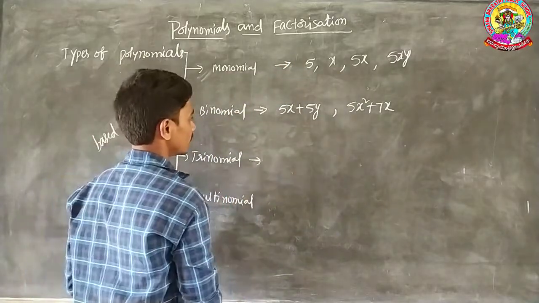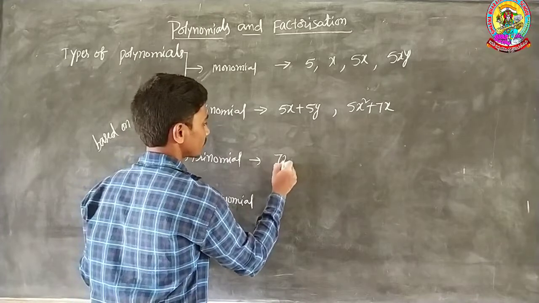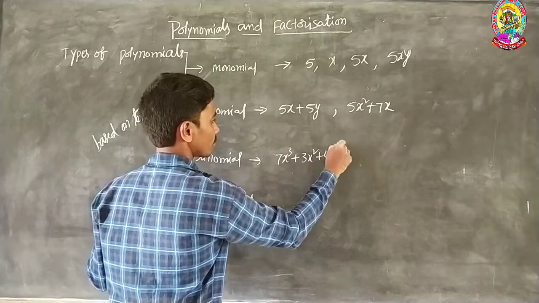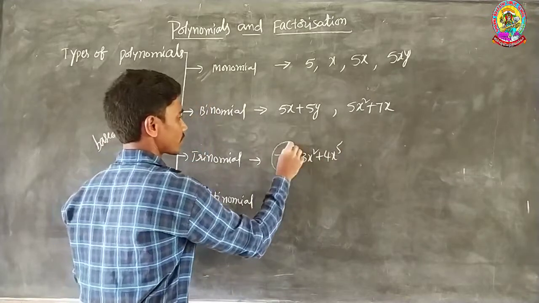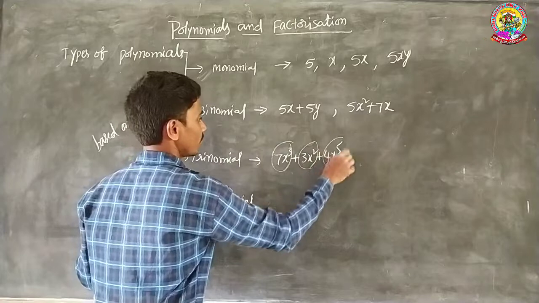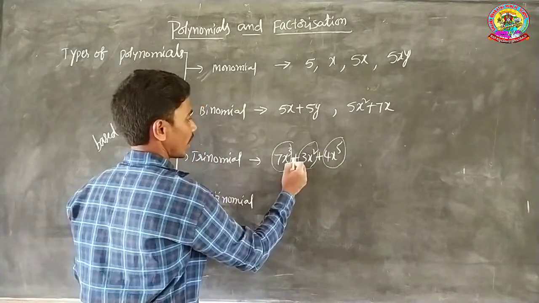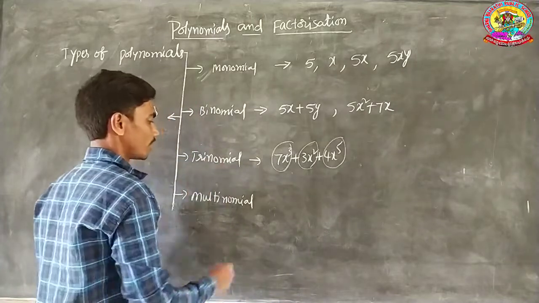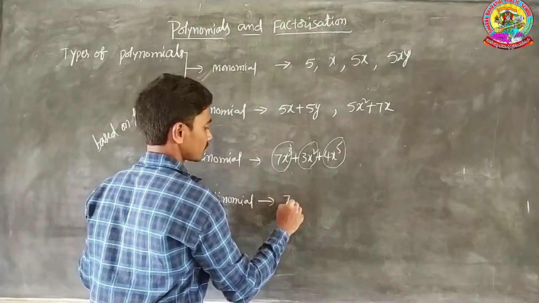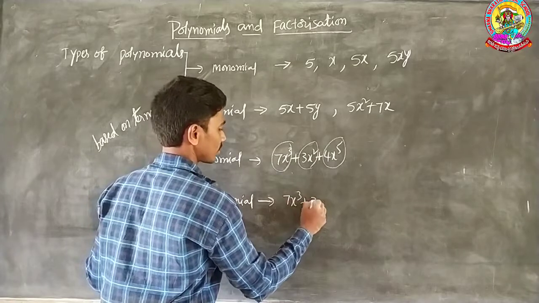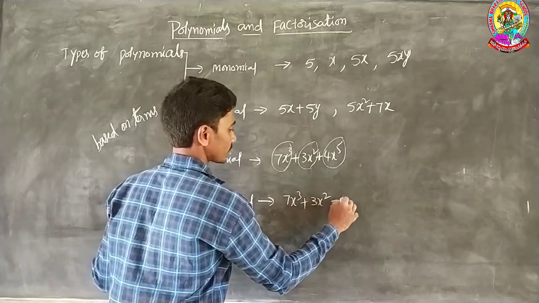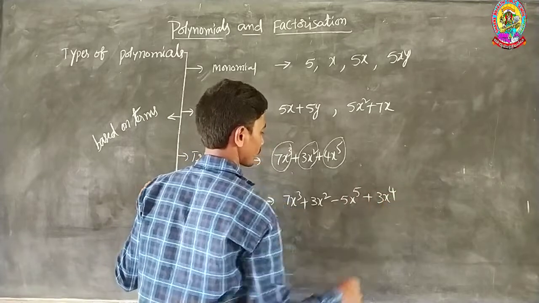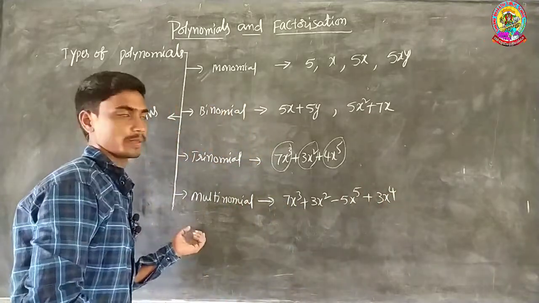Trinomial has 3 terms. Here 7x cube is a term, 3x square is a term, 4x power 5 is a term, all under the operation of addition. So this is a trinomial. When more than 3 terms are under addition or subtraction, we call it a multinomial.